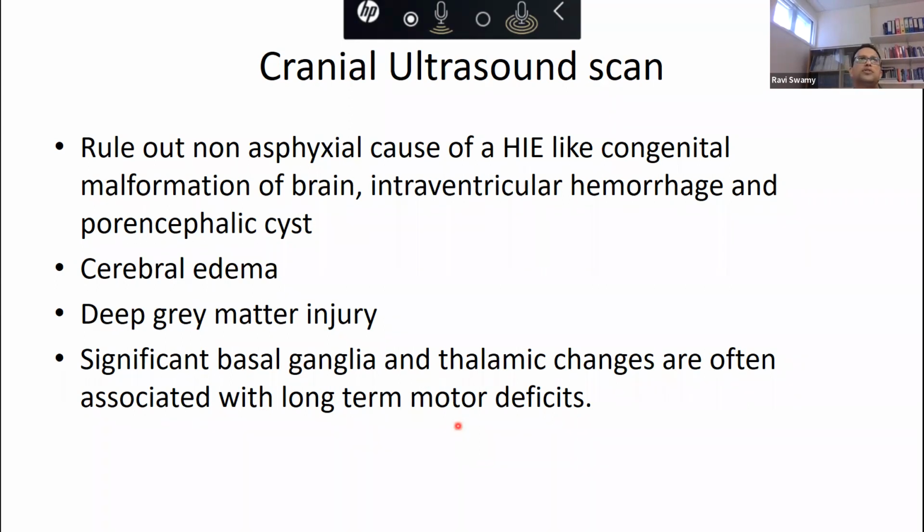So when you do an ultrasound scan and you see a BGT lesion, you will be at heightened awareness to see this child, start physiotherapy and so on. So look for cerebral edema and look for the BGT lesions. These are the only two things you want to look for in the HIE babies, so that you can start predicting the long-term outcome.